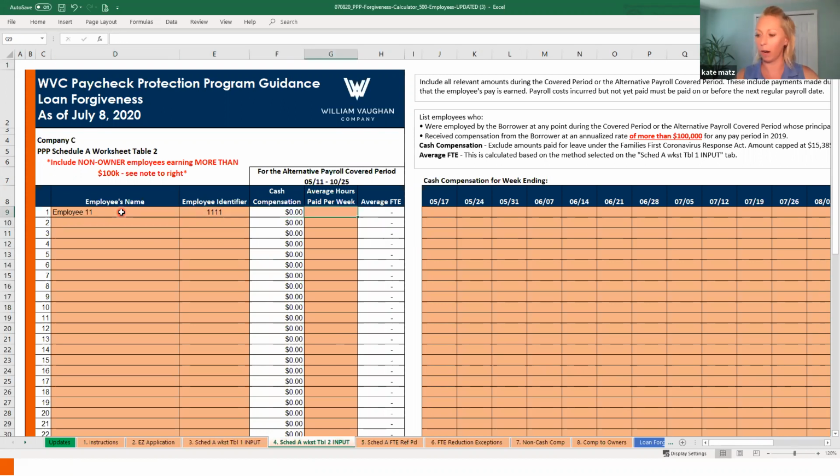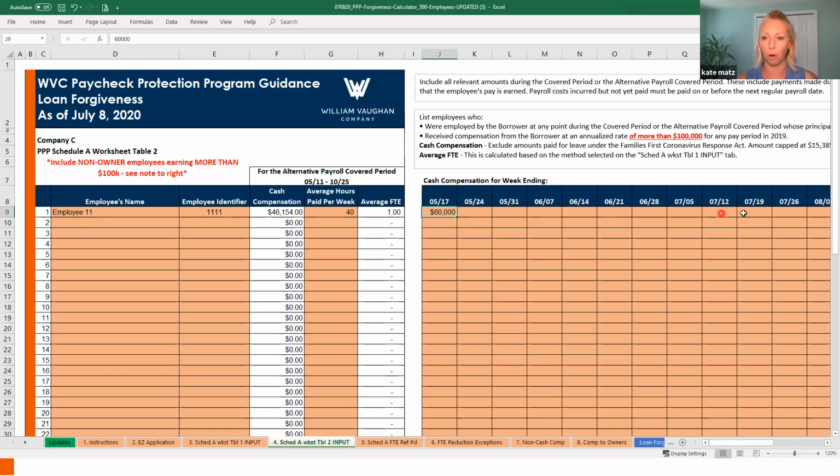So let's say we've got one individual that falls into this category. We've got employee 11. They work 40 hours per week during the payroll covered period, and we'll say that they received compensation during the covered period of $60,000.